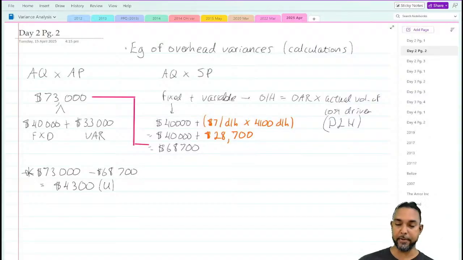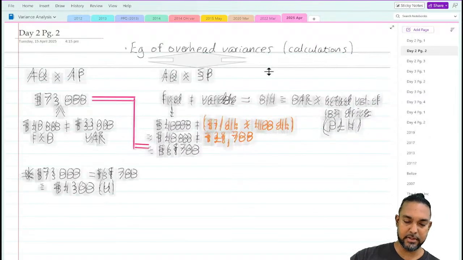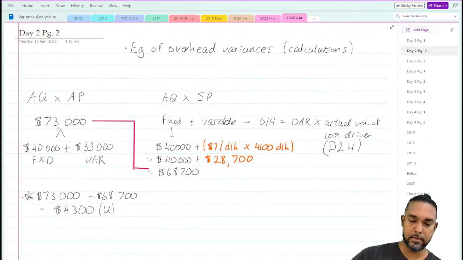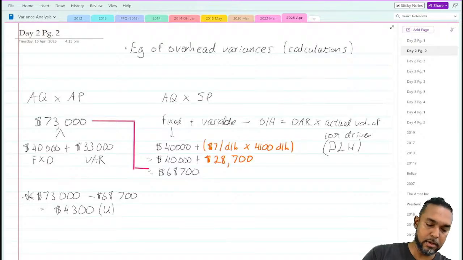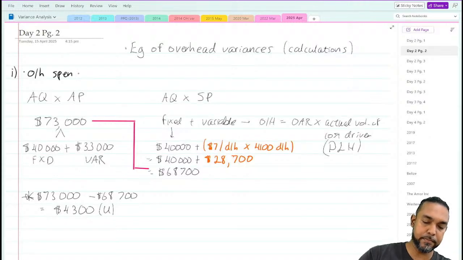So let me recap that. Let me push this down. I don't know why I didn't head it up. We're going to tackle first the overhead spending variance. This is the overhead version of the price variance.